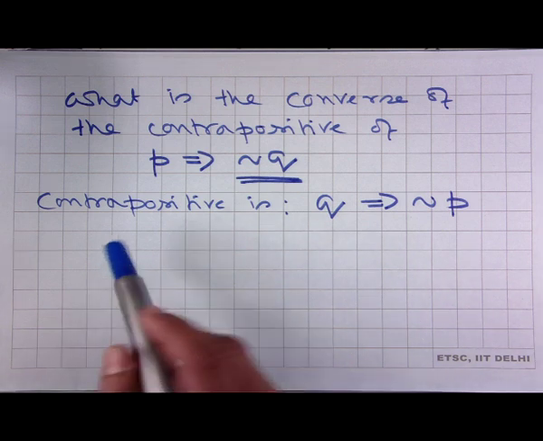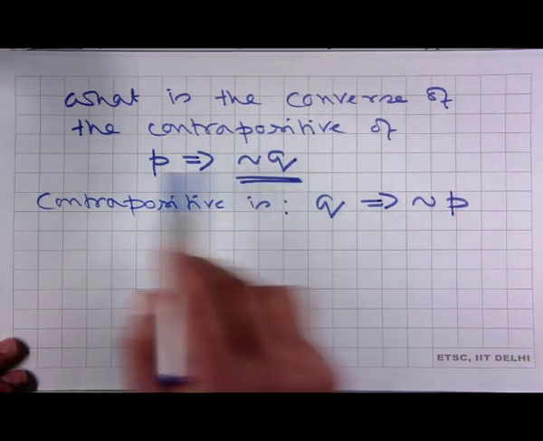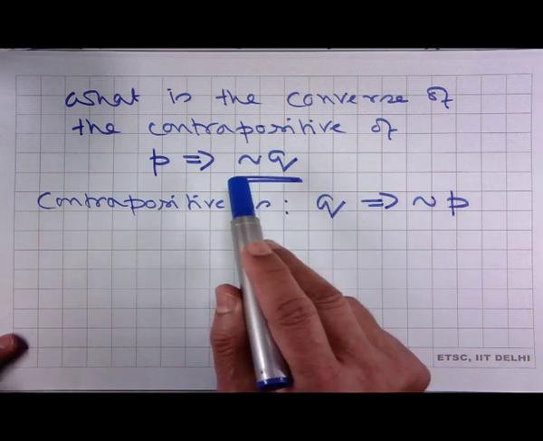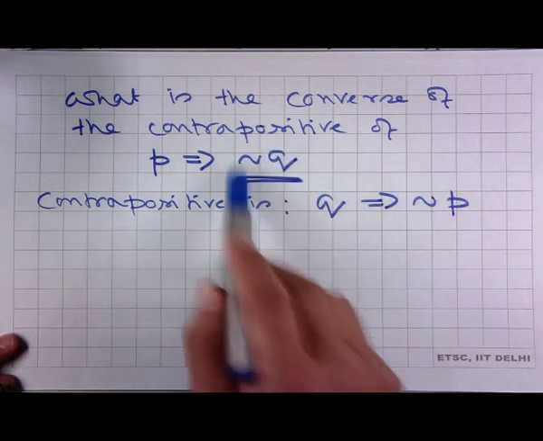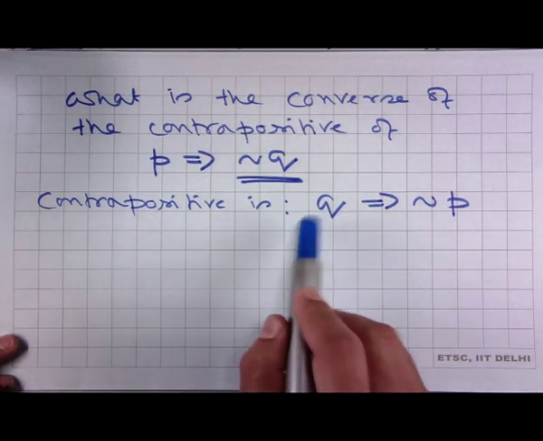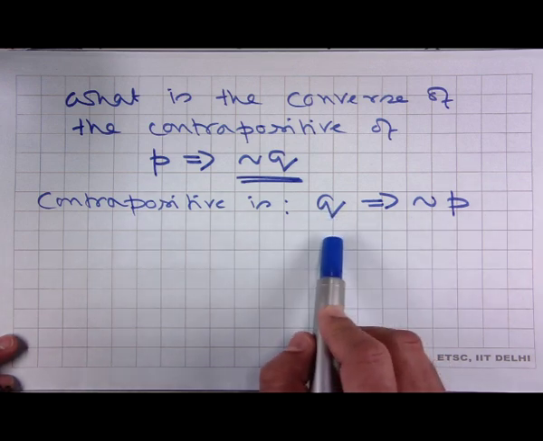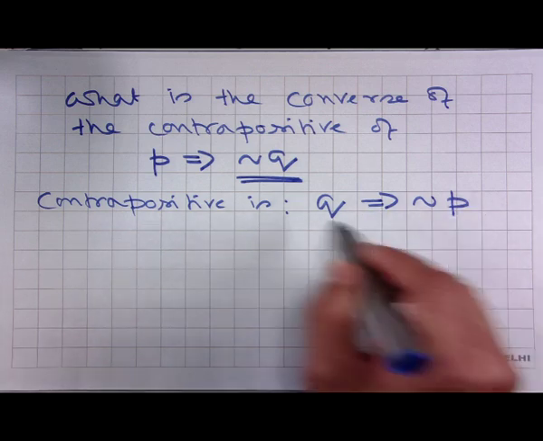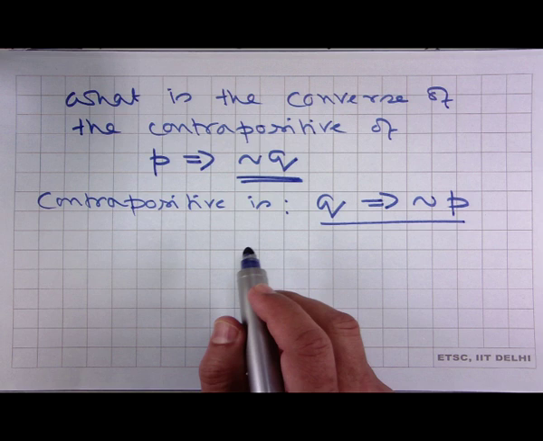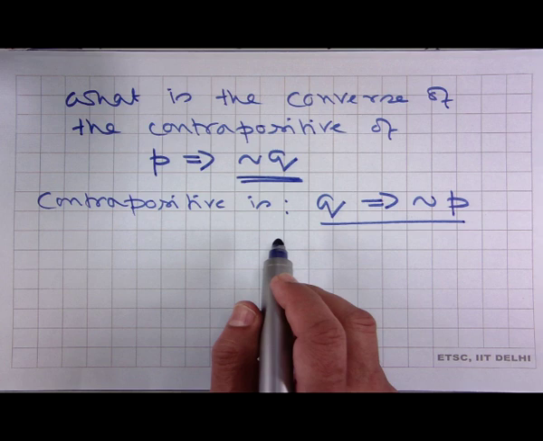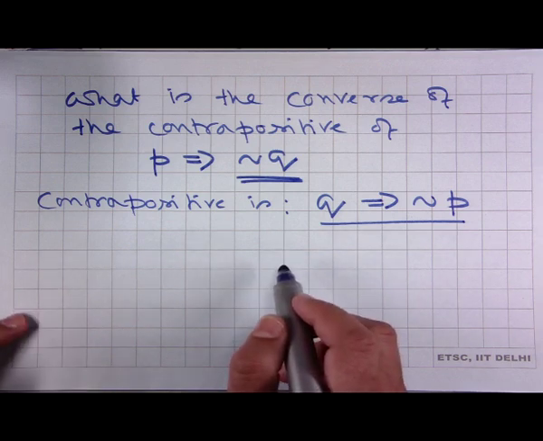Q implies not P, because if P implies Q, its contrapositive was not Q implies not P. Here not Q and having another not here. So, negation of Q is giving us Q. Therefore, Q implies not P. What is the converse of that one? The converse is Q implies P.